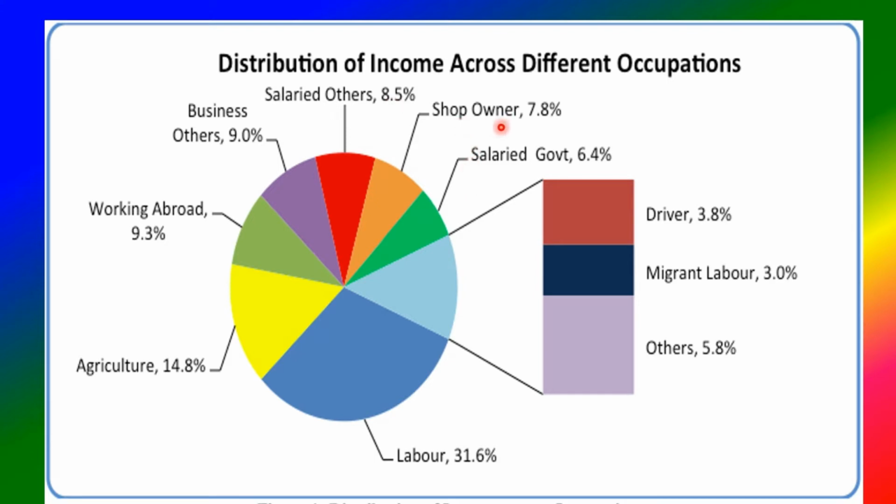Shop owners 7.8 percentage. Salaried government 6.4 percentage. Remaining rentiers 3.8 percentage, migrant labor 3.0 percentage, others 5.8 percentage.